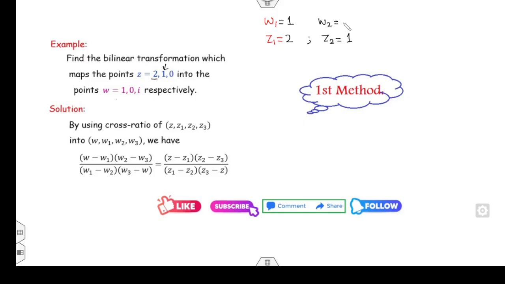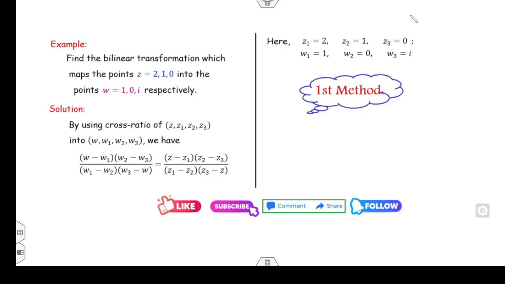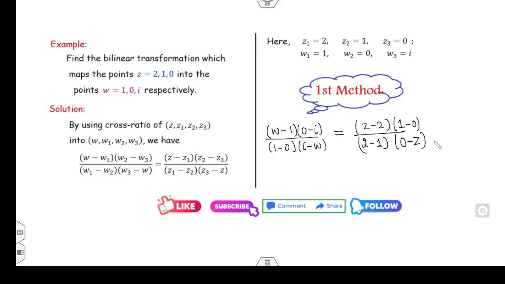The value of W2 is 0, the value of Z3 is 0, and the value of W3 is iota. Fine. Now you can substitute one by one in the given equation: (W minus W1)(W2 minus W3) over (W1 minus W2)(W3 minus W) is equal to (Z minus Z1)(Z2 minus Z3) over (Z1 minus Z2)(Z3 minus Z).